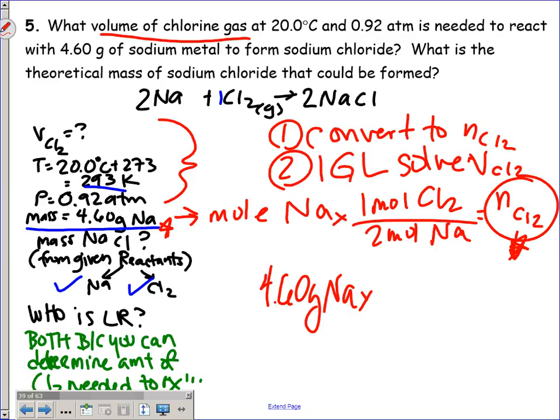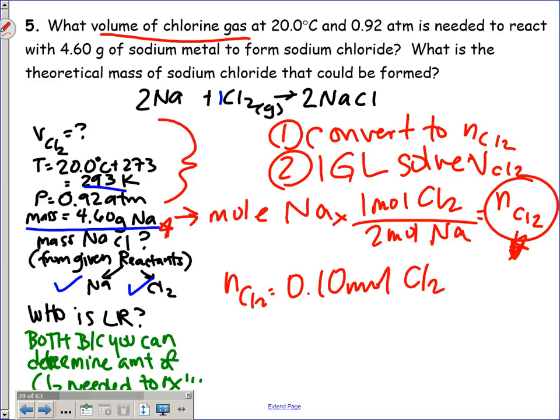So I'll tell you the answer: moles of chlorine gas would be 0.1 moles when you converted. Is that what you guys got? Okay, and then the volume of chlorine gas when you plugged into your ideal gas law. Sorry, I meant to show you guys that yesterday. I was going to double check my answers, but we were moving through the other examples versus this one.